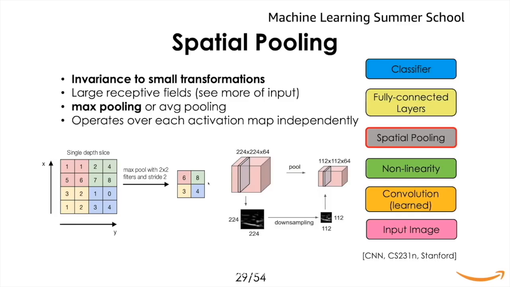Right, so this is your output. You can see that max pooling reduces the dimension of the output. So if you have an image block of 224 x 224 x 64 channels, pooling will reduce the dimension to 112 x 112 x 64.